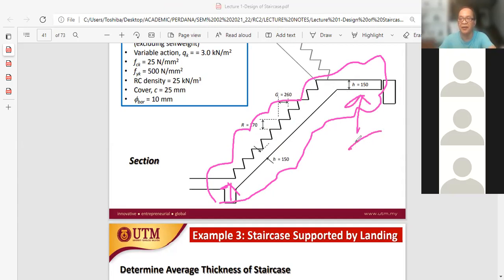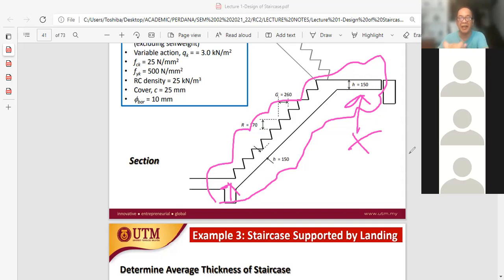There is no support at the right hand corner of the landing. So this particular staircase has now become a staircase of insufficient support. There is only one. And we all know that whenever a beam has only one support, it becomes unstable.